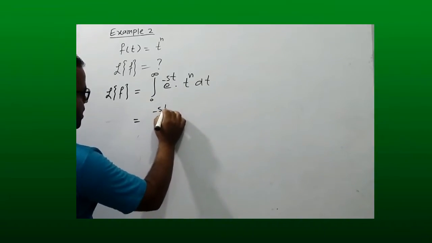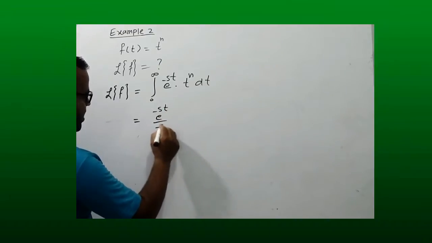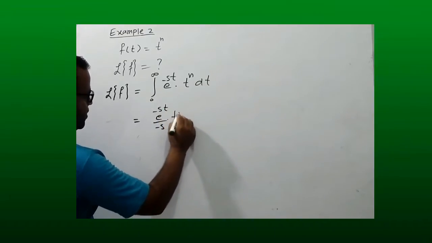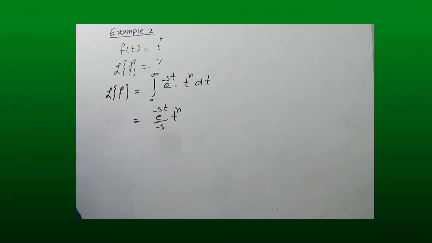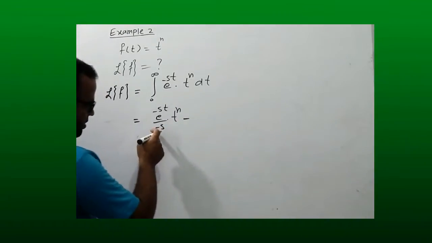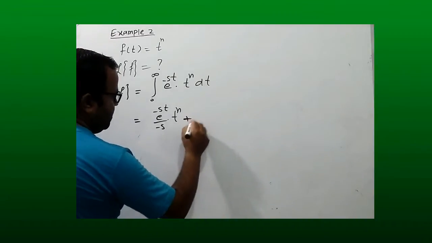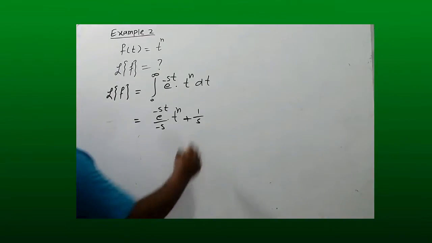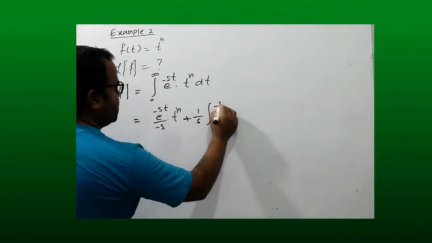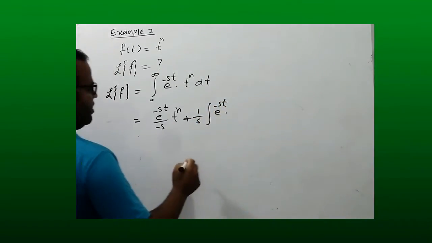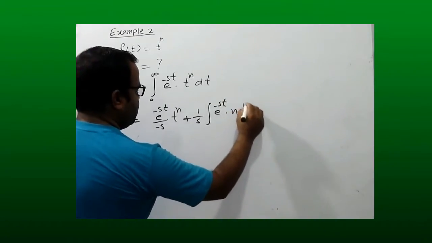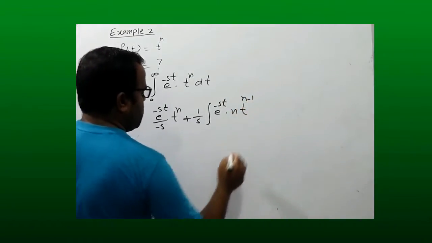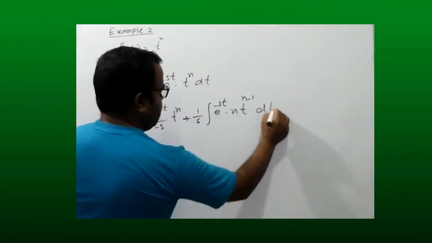So by integration by parts, we take e raised to the power minus st, e raised to the power minus st over minus s, times t raised to the power n, minus this one, which is minus 1 over s, times e raised to the power minus st, and the derivative n t raised to the power n minus 1 dt.